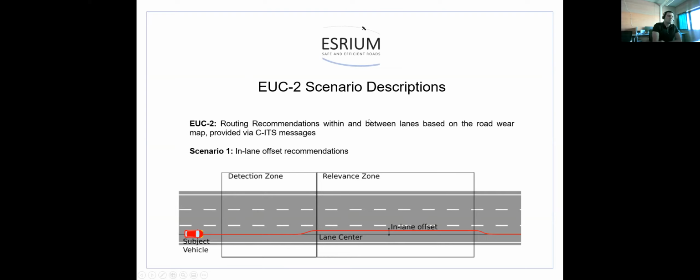This is the zone where the vehicle needs to receive the information about the in-lane offset recommendation together with the information of the relevance zone, which means the location where it applies. When the vehicle comes to the relevance zone, it conducts a shift maneuver to the side of the lane so that it drives along the relevance zone at this offset. This is basically what we call the in-lane offset recommendation.